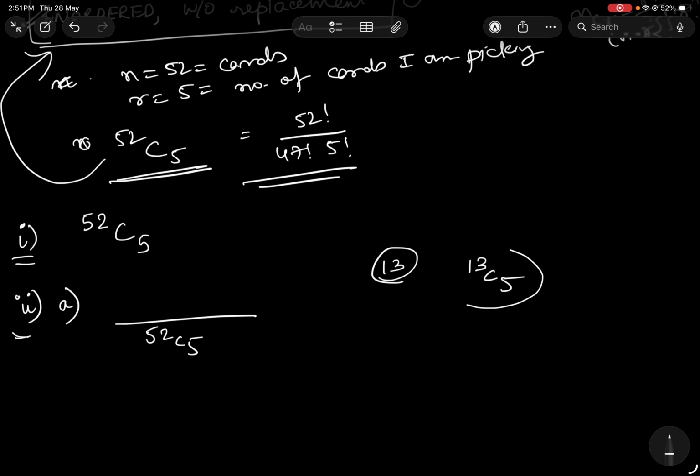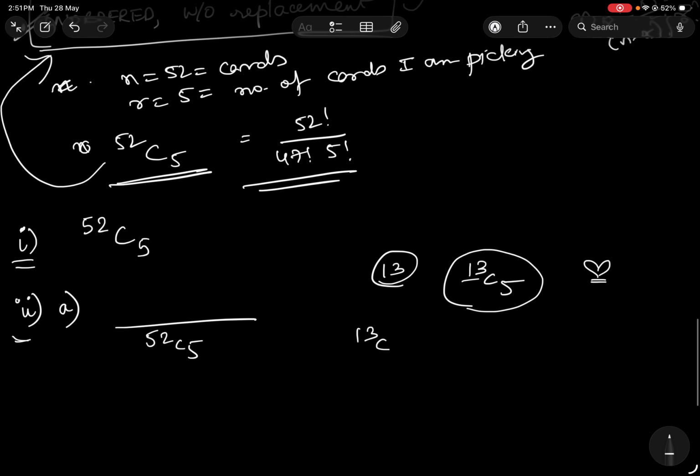Any 5 choices from those 13 heart cards, if I get that, that is my favorable event. So 13C5 will tell me how many different picks you can make of 5 cards each from my 13 heart cards. And this is what we want in the numerator, right?